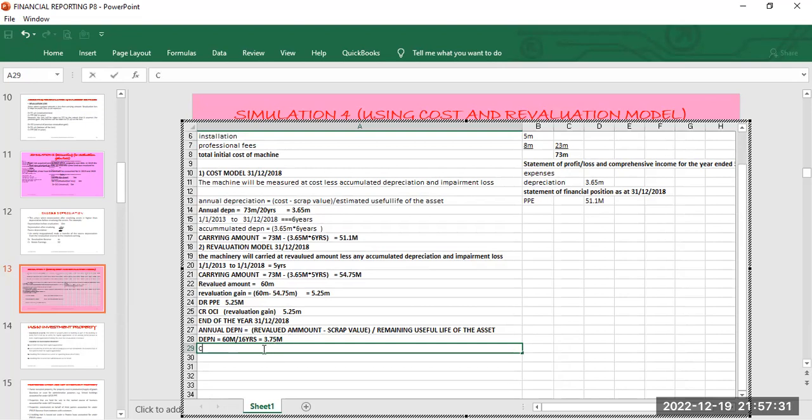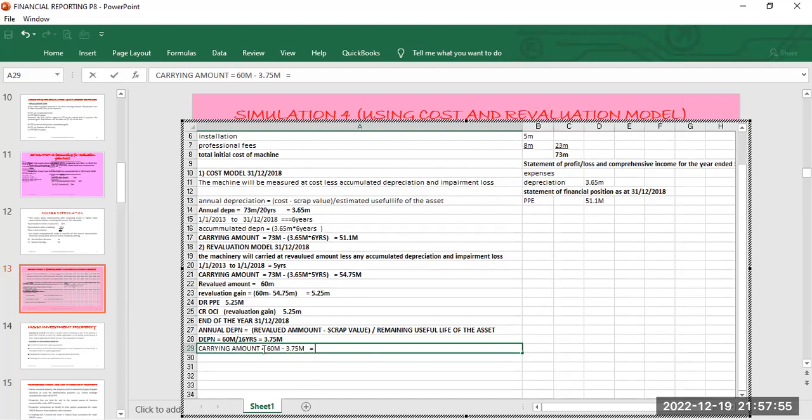Then now we can compute the carrying amount, which will be equal to the 60 million, which is now the revalued amount, minus the 3.75, which is the depreciation for that 1 year.